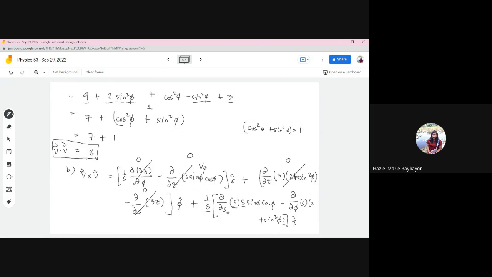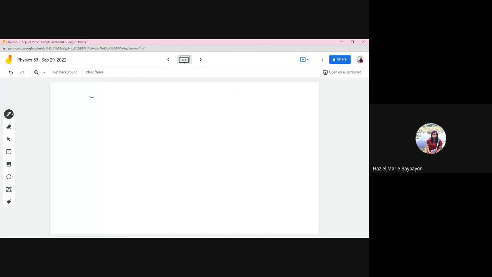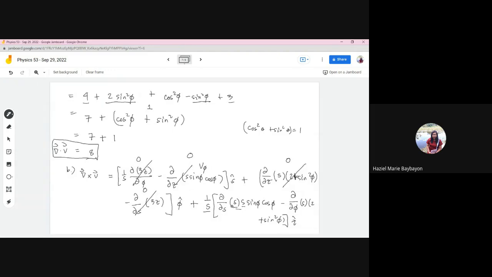So naa man kay S, differentiating with respect to S. Okay, so this is equal to 1 over S multiplied by the quantity, this one. So naa kay S squared, sine theta, cosine theta.